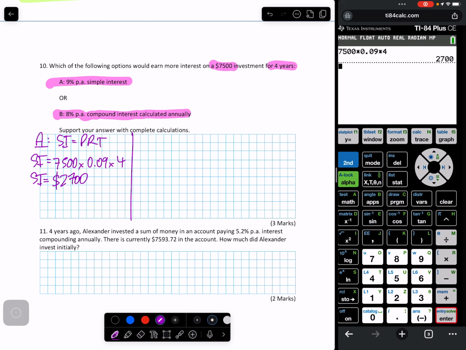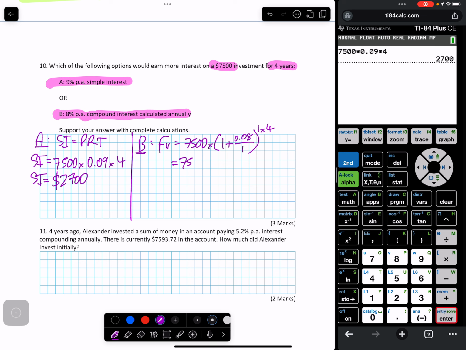Let's do B over here, and I'll do it calculation ways and TVM solver ways. Find the compound interest calculated annually. So FV equals, they invested $7,500 times by 1 plus the interest rate for the compound is 8%, so it's 0.08, compounding annually over 1 times by, it's for 4 years.